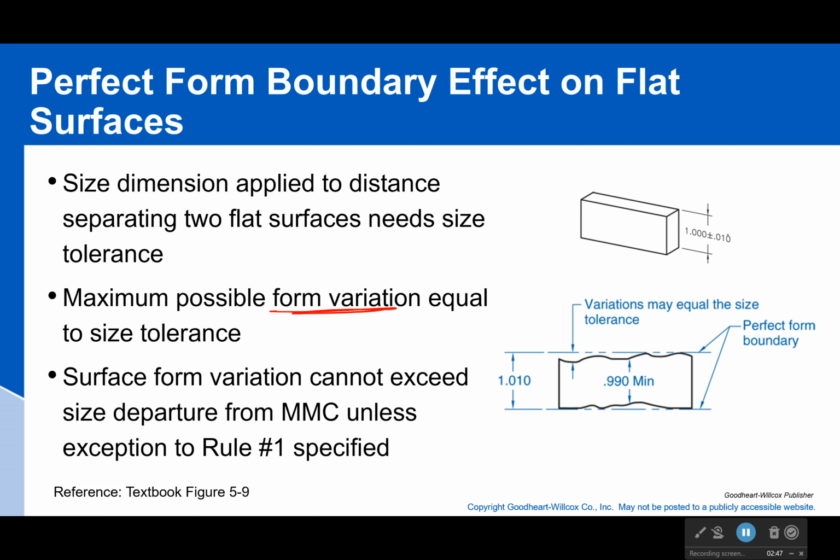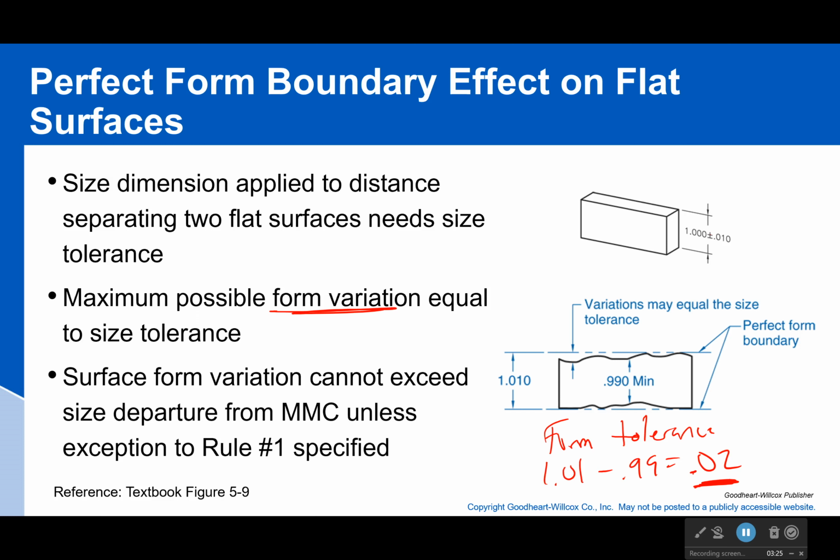So it will be plus or minus 0.01, so the max it can go up is 0.01, max it can go down is 0.01, so the form tolerance would be the max minus the min, so 1.01 minus 0.99, equal to 0.02. So if this is sufficient, that's fine, then I don't even need to apply a form tolerance.